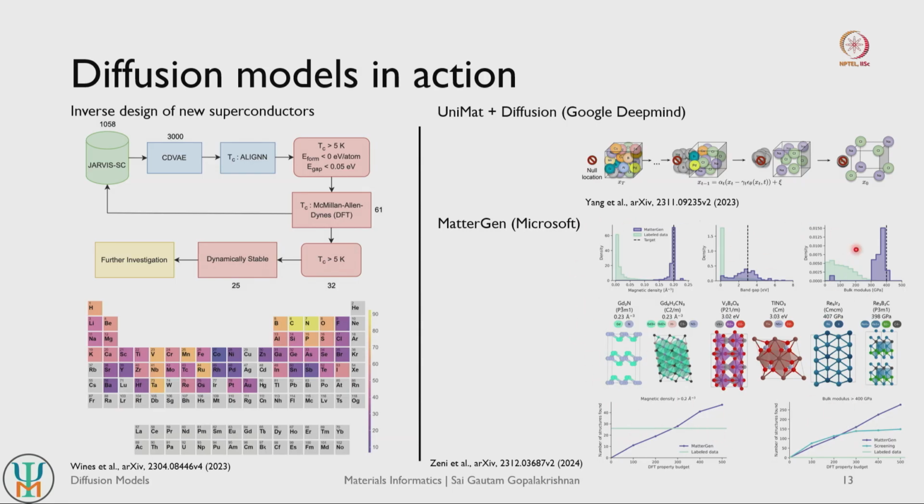So MatterGen is the state of the art generative model based on diffusion that is available in material science, the most advanced architecture out there. The model for a long period of time was not available to the general public, but now you have APIs through which you can access the model and use it in your own research or other exercises.